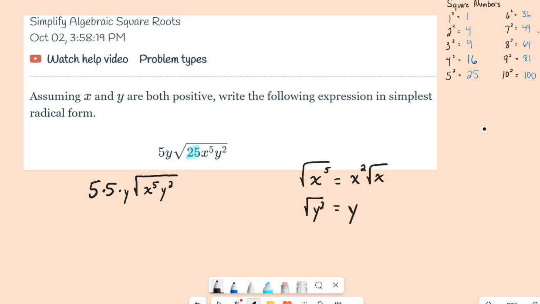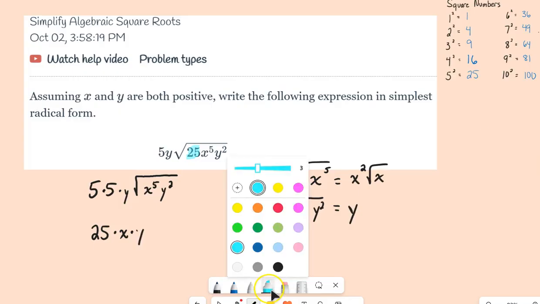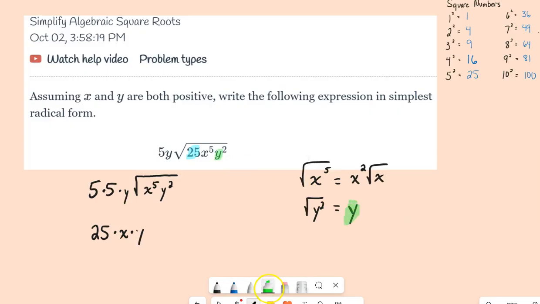So now, what we have to do, we have to multiply. We've got the 5 times 5, we've got 25, and then we've got times x, times, we got this y, but then we've also, can't forget about this y right here, that we got from right there. So that's going to be y to the power of 2.